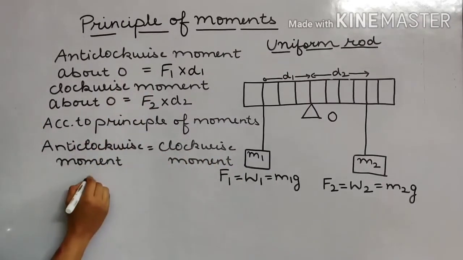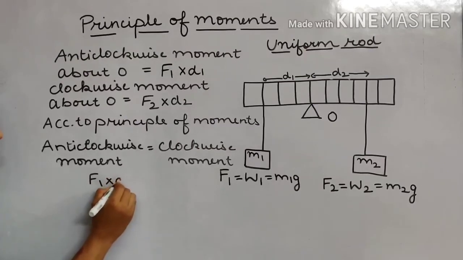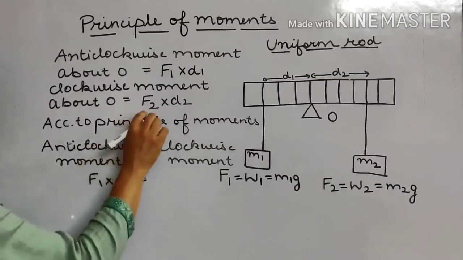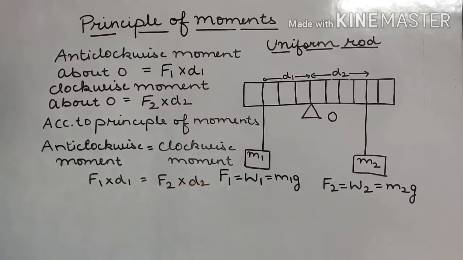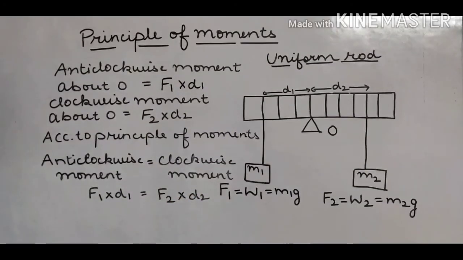That is F1 cross D1 is equal to F2 cross D2. Here F1 is the load, D1 is the load arm, F2 is the effort and D2 is the effort arm. That's why this principle of moments is also known as the lever principle.